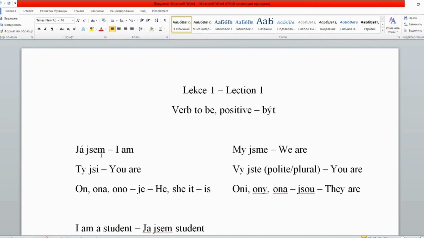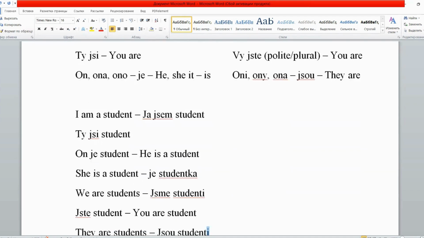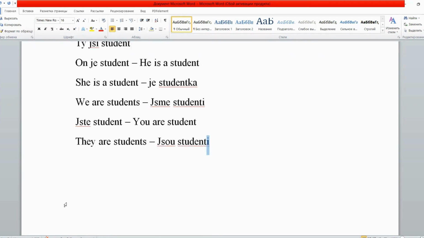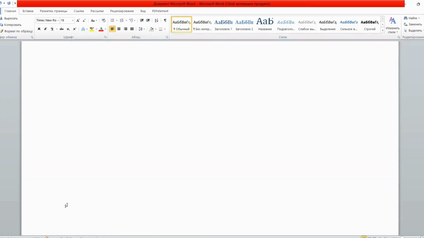Let's repeat after me. Já jsem, ty jsi, on, ona, ono je, my jsme, vy jste, oni, ony, ona jsou. You're right. What about the negative version?